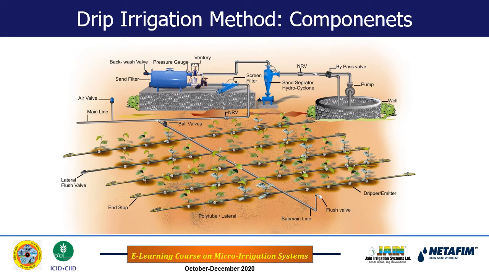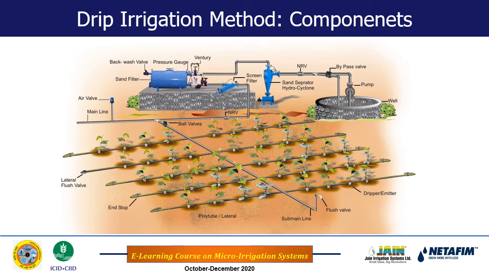There are also certain limitations and disadvantages of the drip irrigation method, and maybe we can overcome them, but for that we need to study the different components of the drip irrigation method.